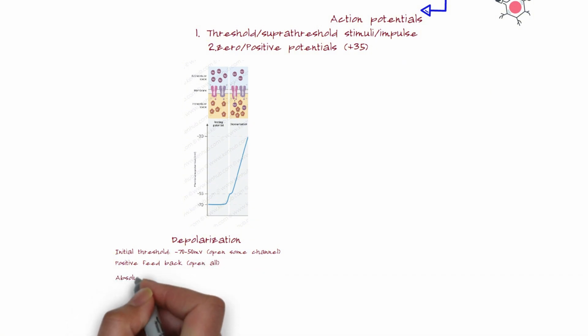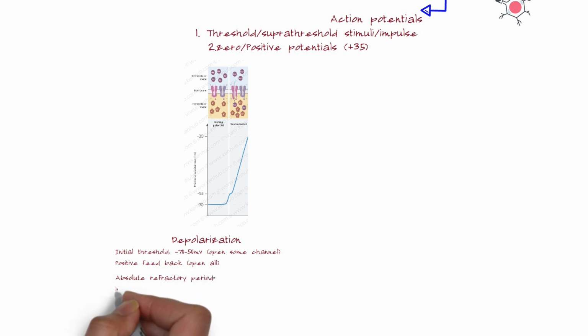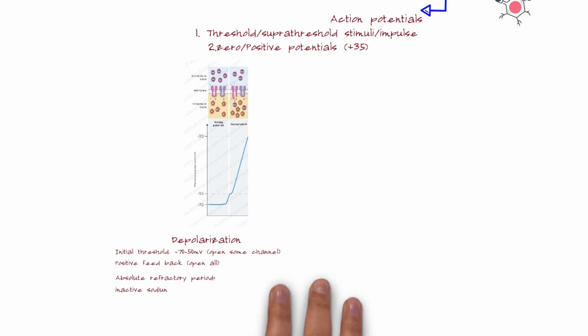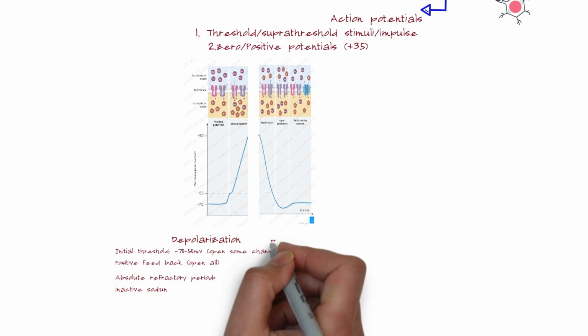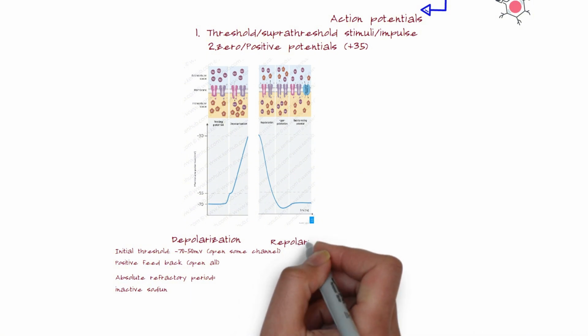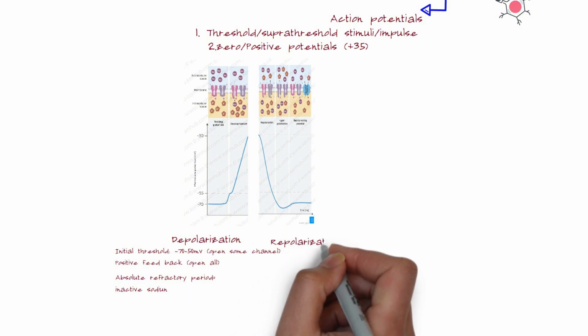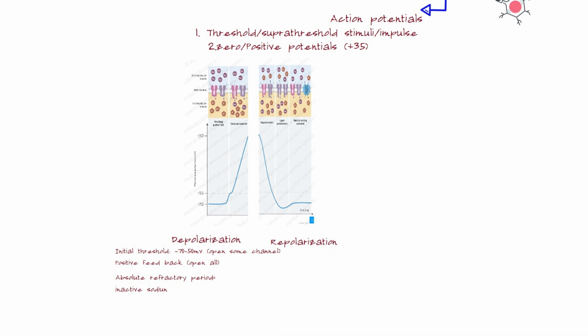Thereafter, repolarization occurs, so the sodium channels become inactive and potassium channels open and allow the potassium to move out. The membrane returns back to the resting negative value, either minus 70 or minus 90. So the sodium causes depolarization, potassium causes repolarization, and the action potential is propagated.